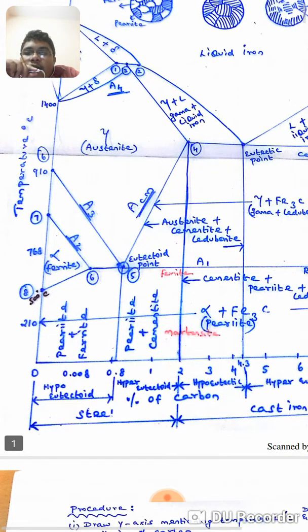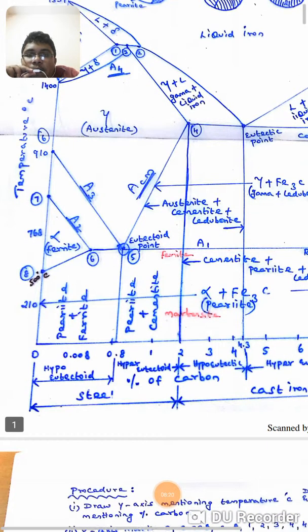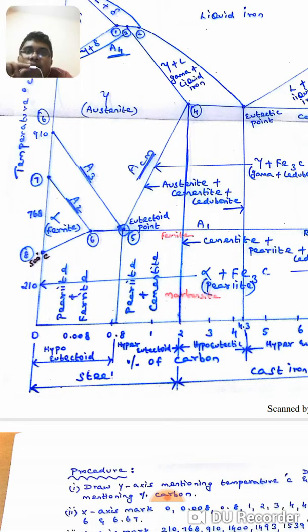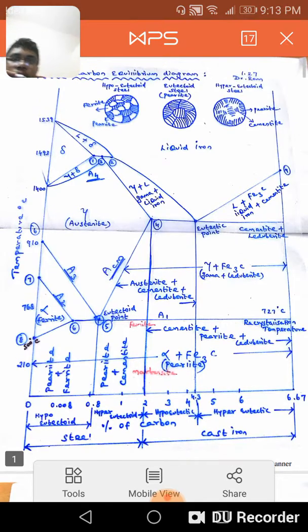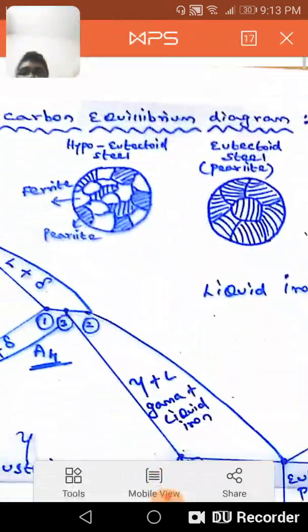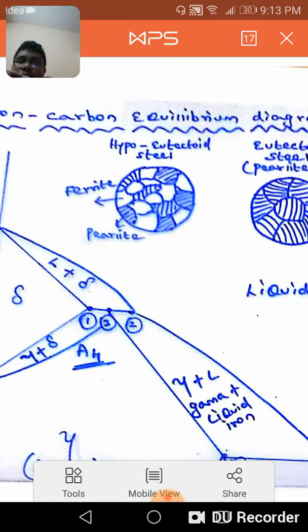First of all, to draw the graph, we need to plot temperature against percentage of carbon by weight. This is the process of the iron carbon diagram, and here we observe the microstructures.